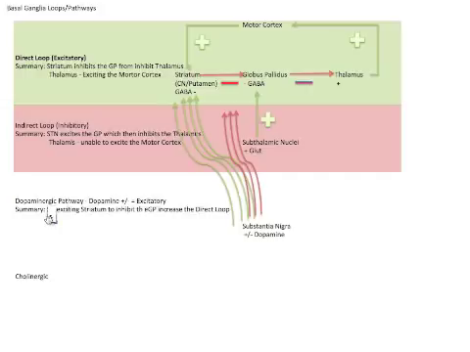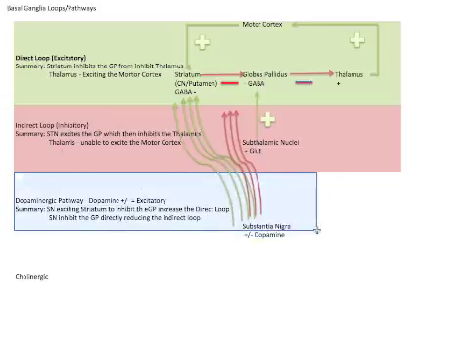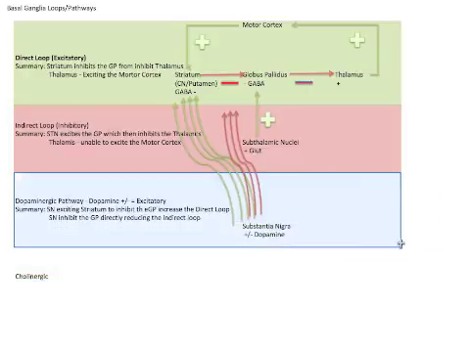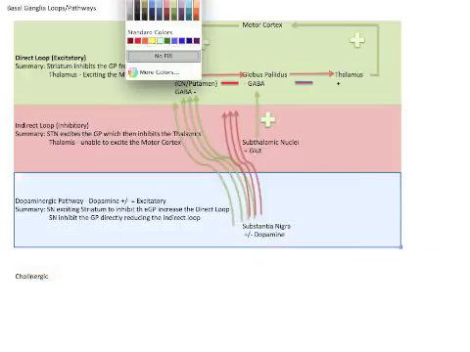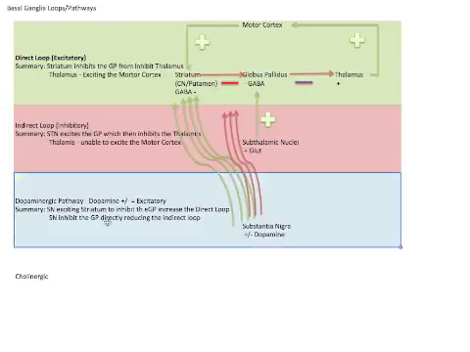Now on the other side, the substantia nigra will inhibit the globus pallidus, directly reducing the indirect loop. Okay? Leaving us with an overall net positive. So we can encapsulate our dopaminergic pathway in green to demonstrate the positive.